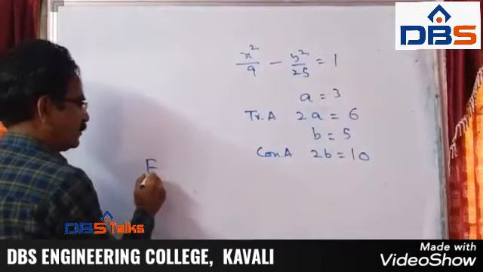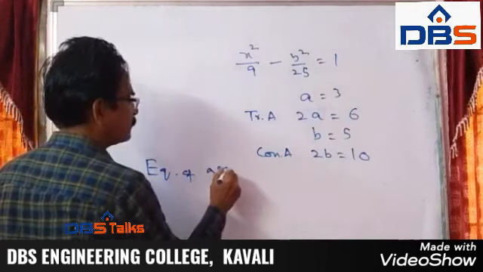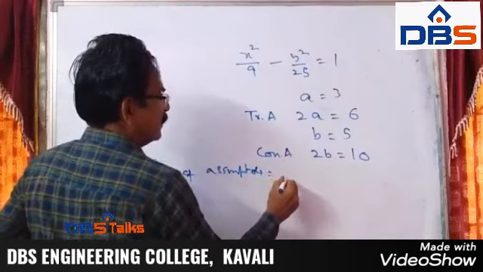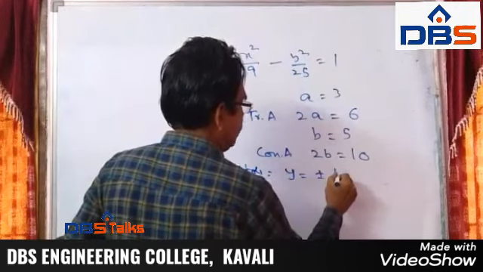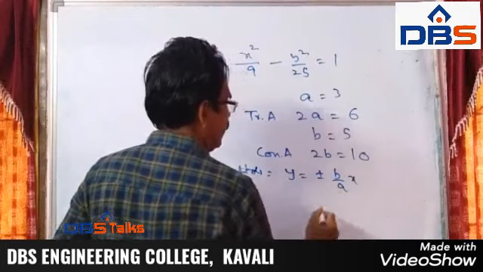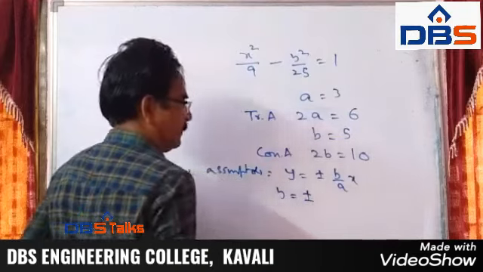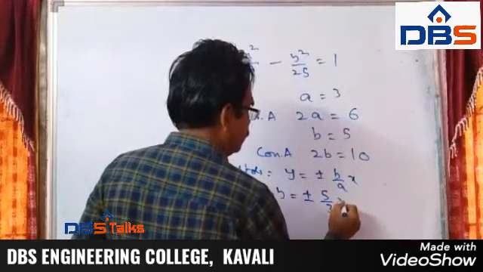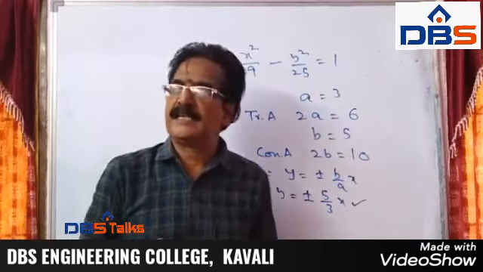So y is equal to plus or minus 5 by 3 into x. These two are the equations of the asymptotes.